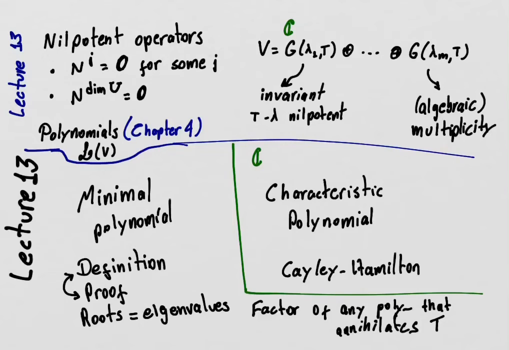And maybe one possible misconception that some students may have, I'm not sure, is that the minimal polynomial has to be of this form, z minus a number to some power. And that's not true. The minimal polynomial can be anything. Any monic polynomial can be the minimal polynomial of some operator. It doesn't have to be of this form.